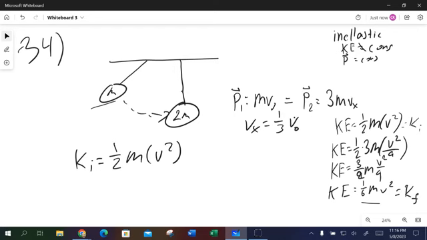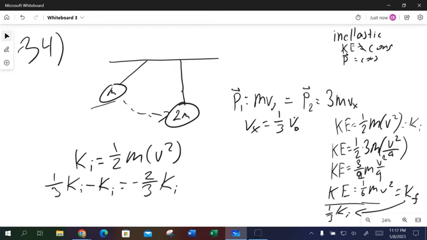So what we got to do here is we know Kf is equal to 1/3 Ki because it's 1/6 and that's 1/2. So Kf is equal to 1/3 Ki. Since it asks for the difference, 1/3 Ki minus Ki is equal to negative 2/3 Ki. And that's the answer, so the answer is D.